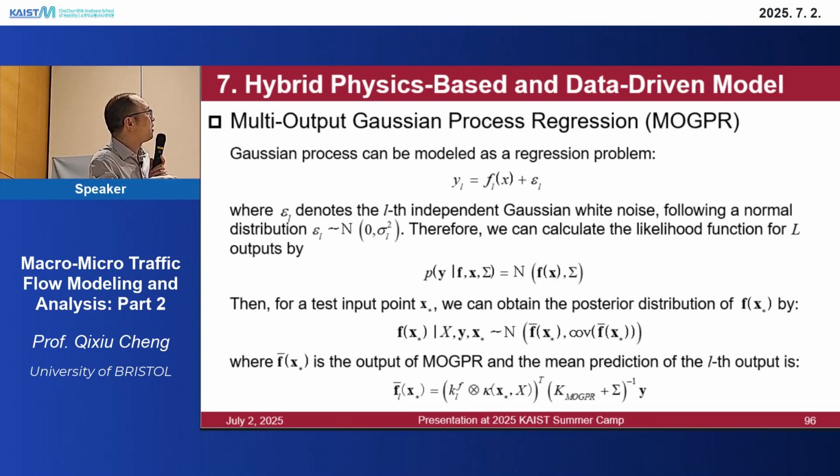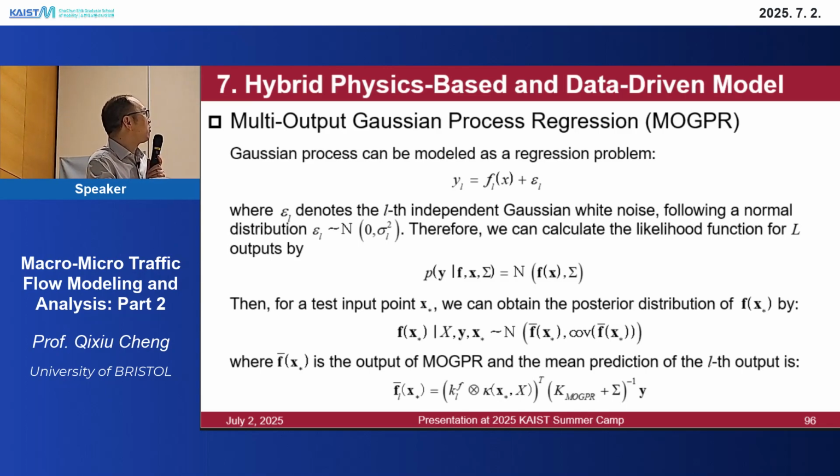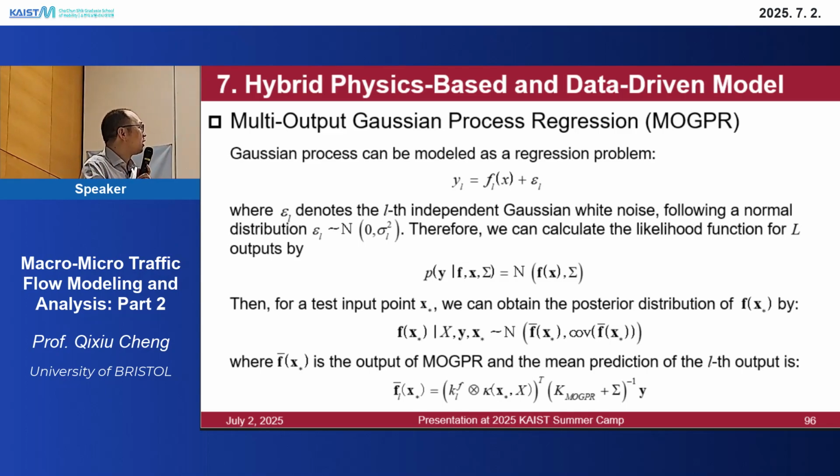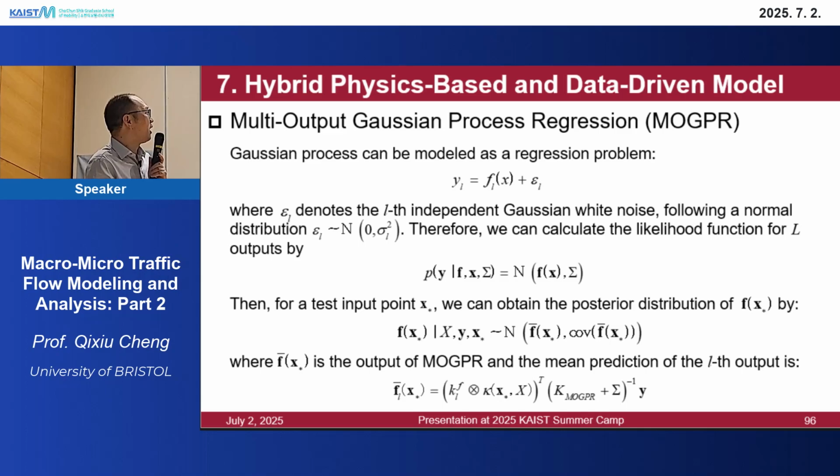In this case, epsilon follows a normal distribution with zero mean. It's an independent Gaussian process with white noise, so zero mean and a variance. Then based on the Gaussian process, we have the prior distribution and posterior distribution, and we can estimate the output.